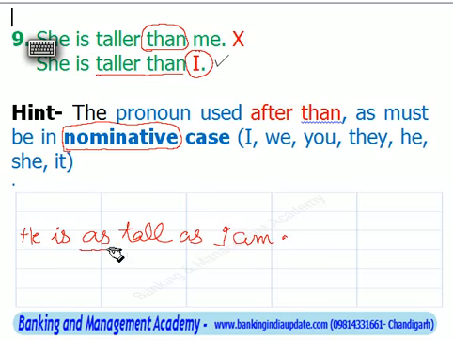So wherever we use as, it must be followed by nominative case. In the given sentence, she is taller than I, the word am is understood. Even if we don't write it, to end the sentence at I makes a complete sentence with complete meaning.